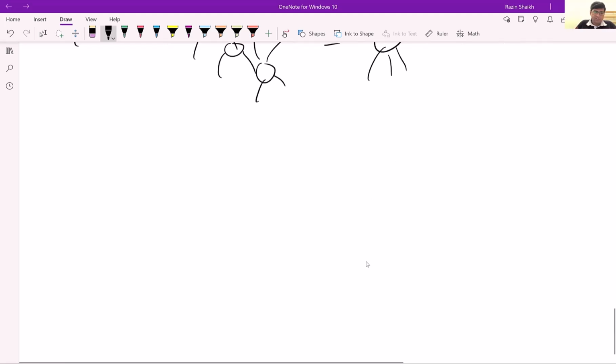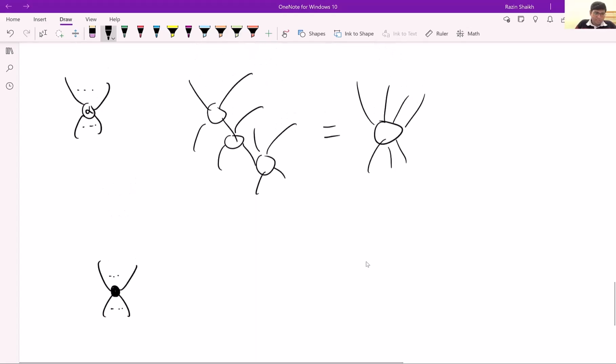So for that, we need to introduce another kind of spider. And I will draw it with black. This spider is called the X spider, whereas the previous one, I should have given the name, is called the Z spider.